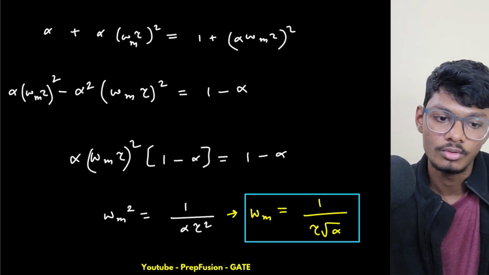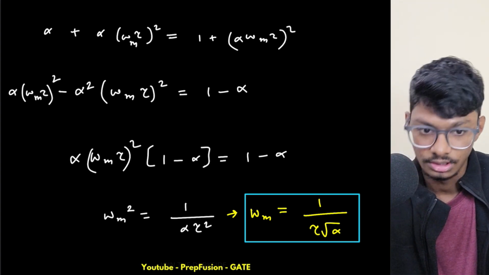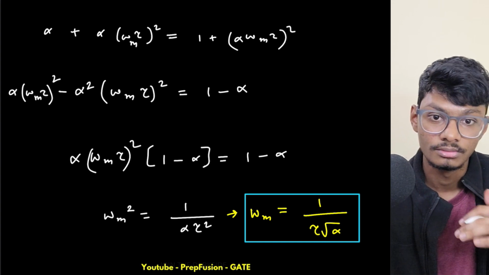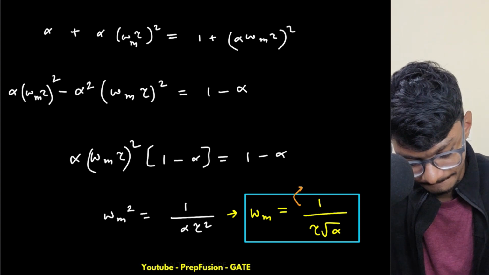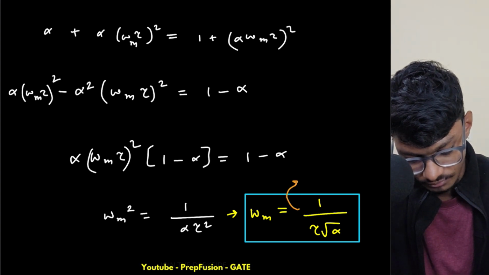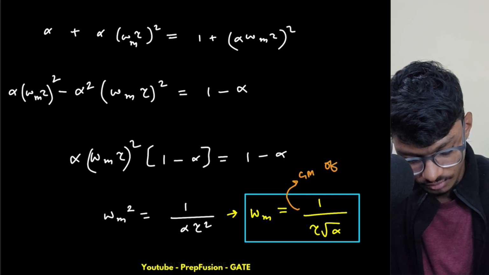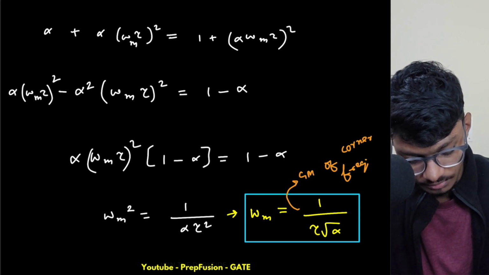So how can you remember this? If you observe this correctly, this is the GM of both corner frequencies. So what do I mean by this?